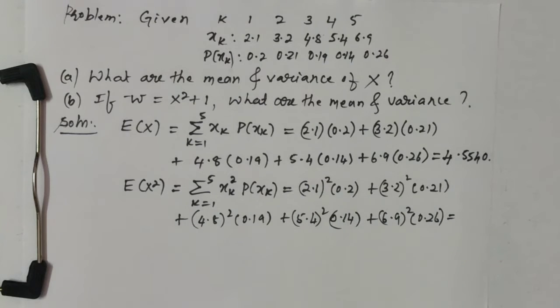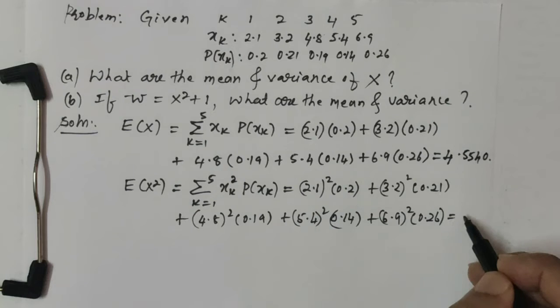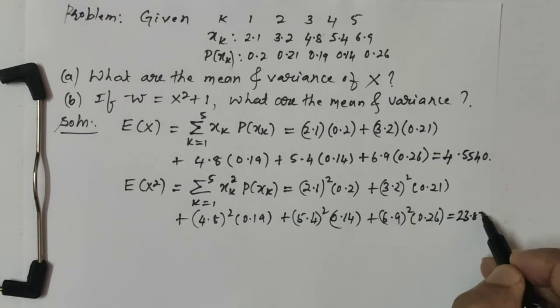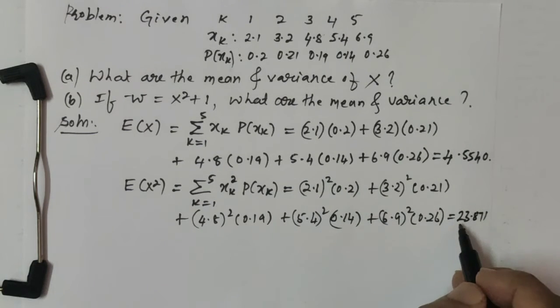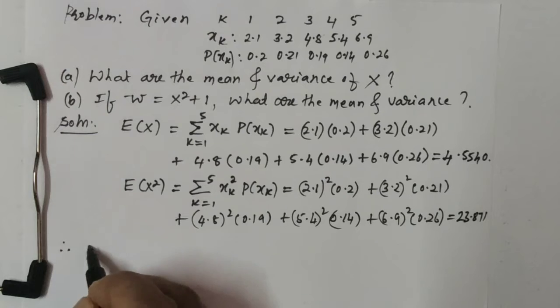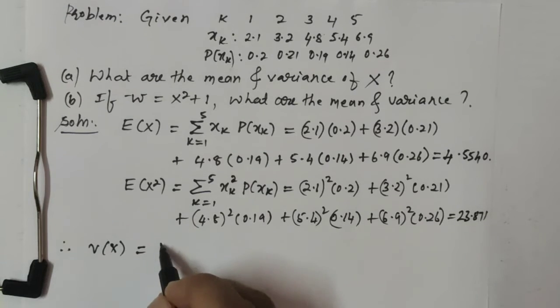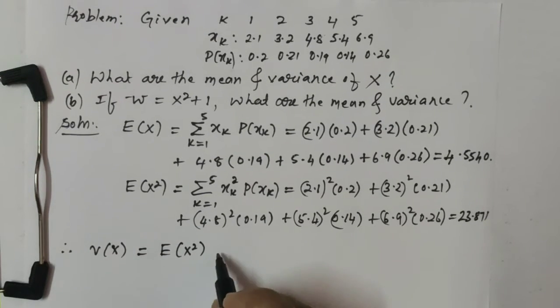If you simplify this, you will get 23.871. So therefore the variance of x, V of x, is equal to E of x square minus E of x whole square.